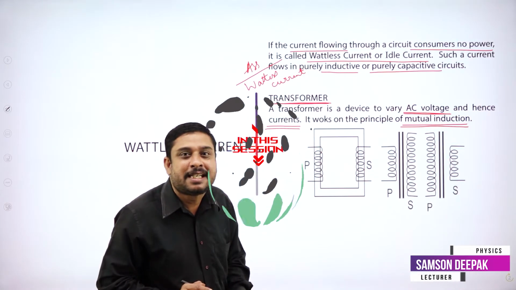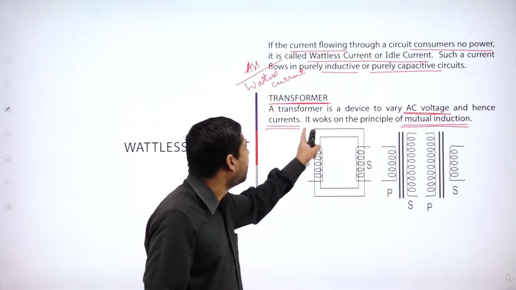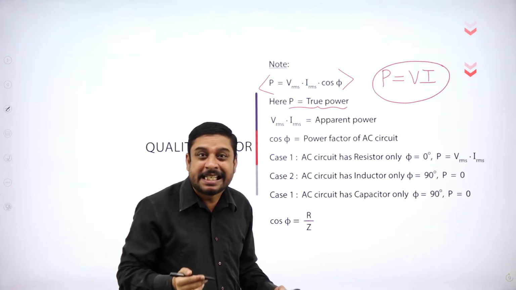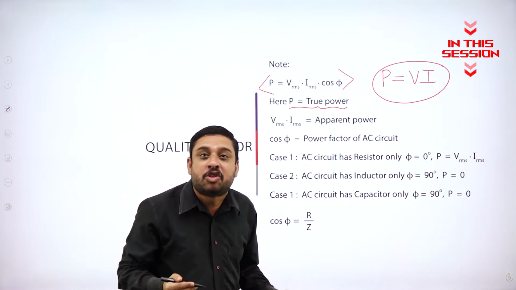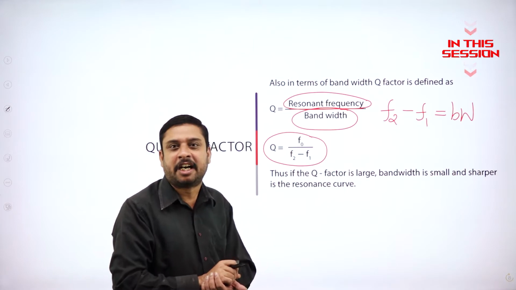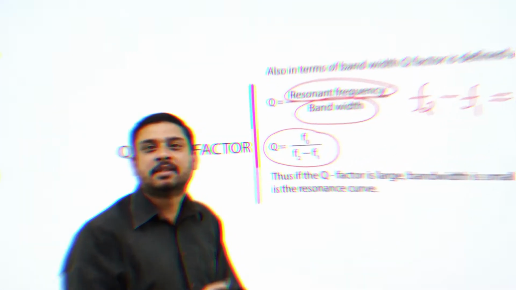EMF and current is induced in the secondary. So actual power of the circuit is the actual measured power. The quality factor of a series resonant circuit increases.